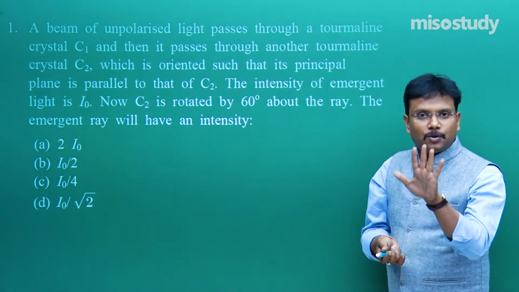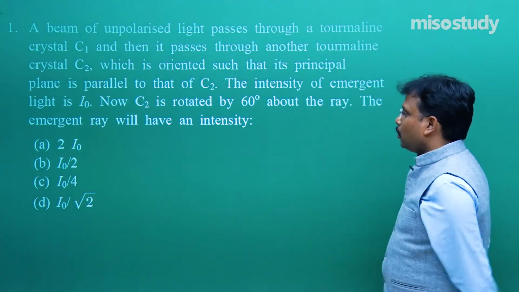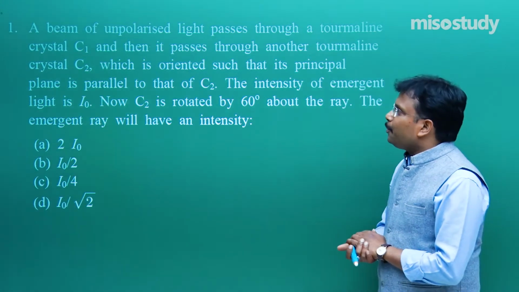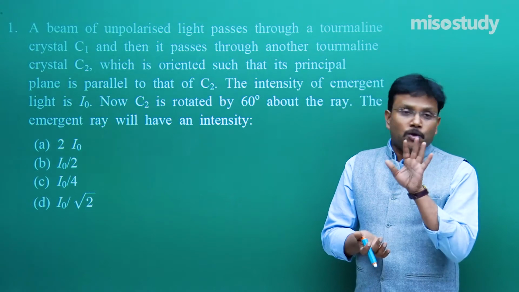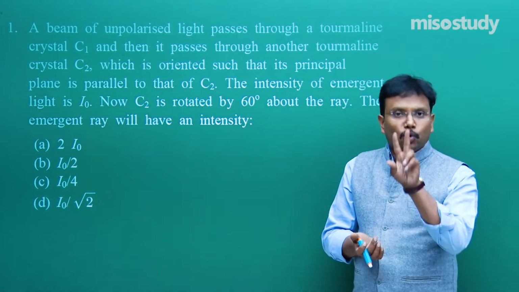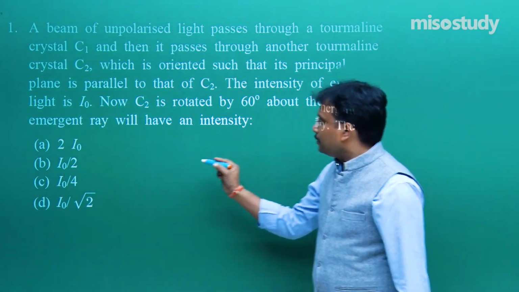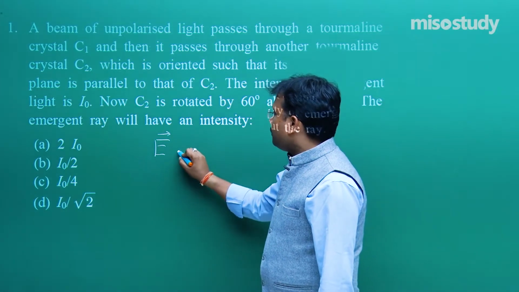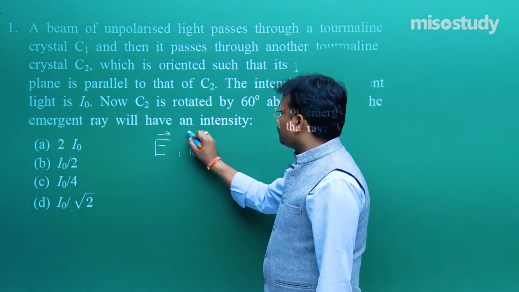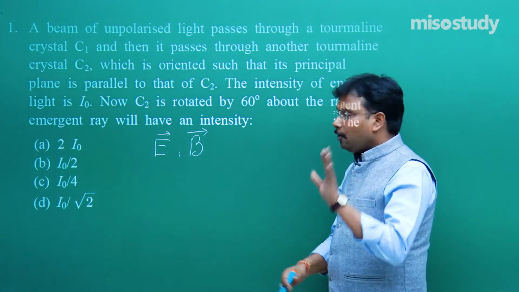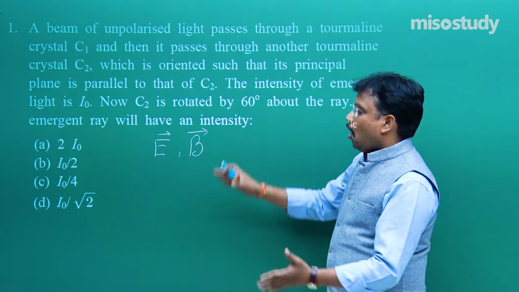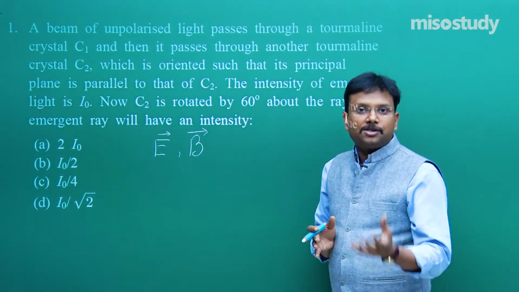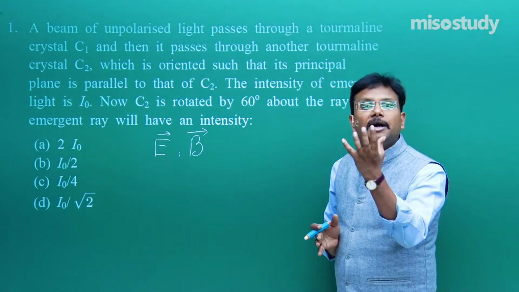We will first try to understand the problem. What exactly is the meaning of unpolarized light? Light waves have two vectors, the electric vector E and the magnetic vector B. Out of these two vectors, only the electric vector has the tendency to oscillate, to vibrate in all possible directions.